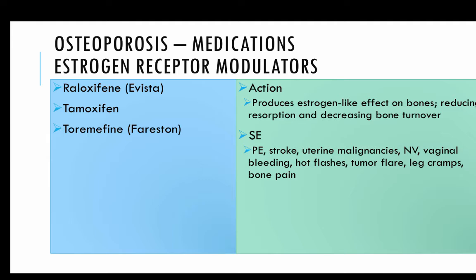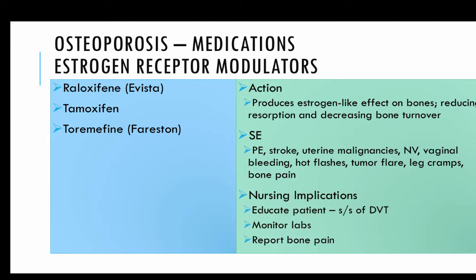Because these are estrogen-like drugs, you need to be careful for some of the same side effects: anything to do with embolus or clot formation, hot flashes, bleeding, uterine malignancies. Although these are used for breast cancers that are sensitive to estrogen, they can increase the risk for uterine malignancies. Educate the patient on signs and symptoms of DVT, monitor the labs, and tell the patients to make sure they report bone pains.